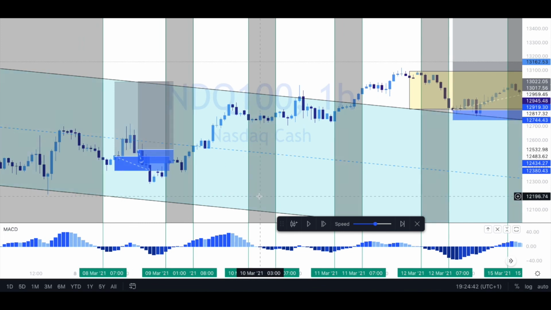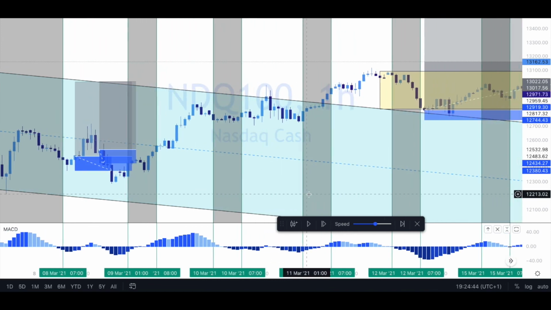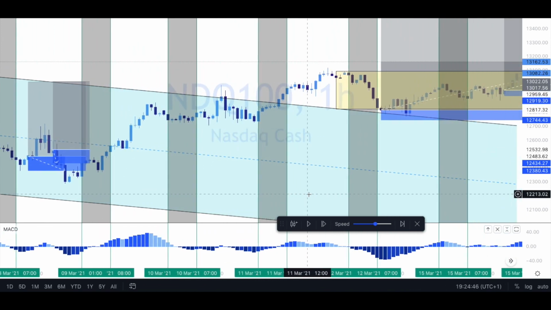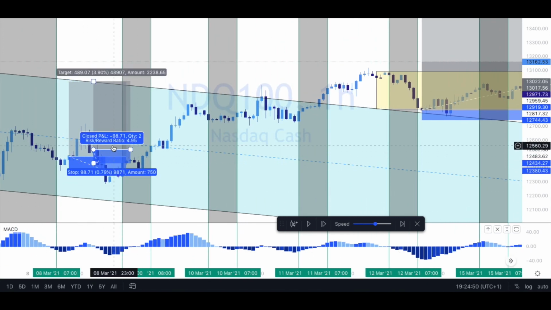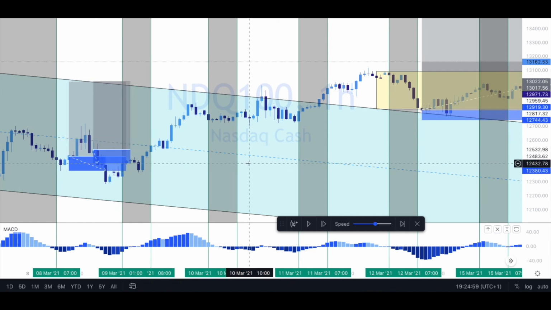So we've already made back. We lost roughly about 200 pips on this one right here, give or take. Roughly about 200 on that one.